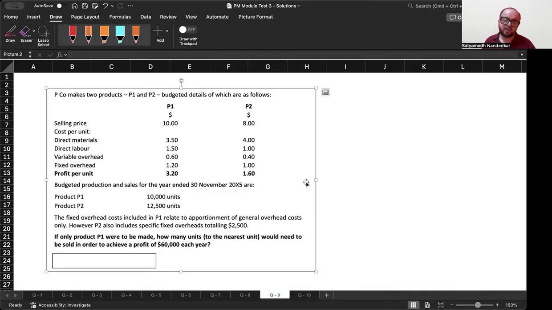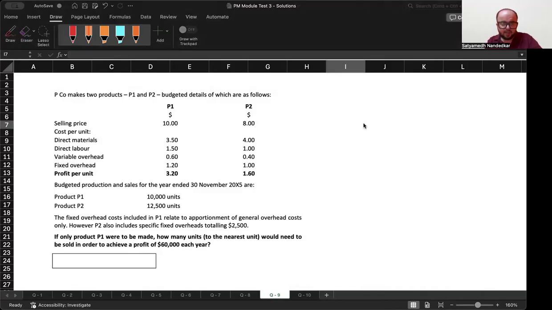However, P2 also includes specific fixed costs totaling 2,500. If only product P1 were to be made, how many units to the nearest unit would need to be sold in order to achieve a profit of 60,500? Okay, this is a peculiar question. This is a very interesting question. Let's see how this is done.